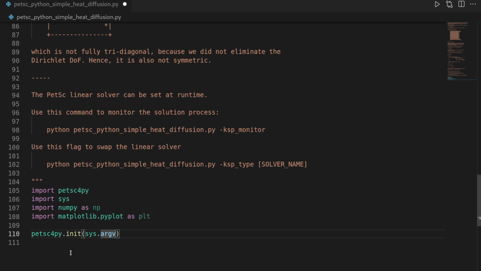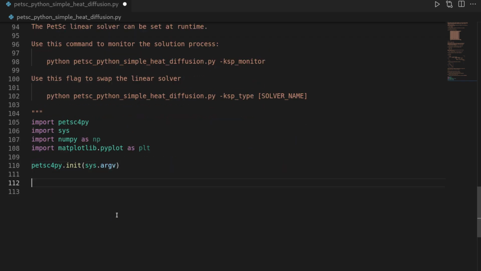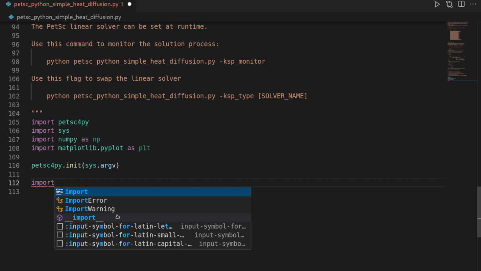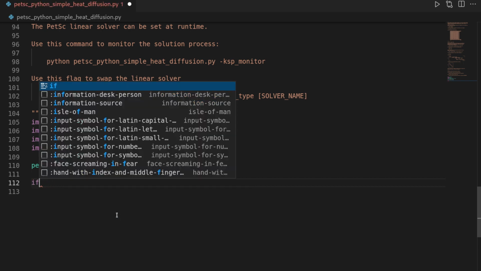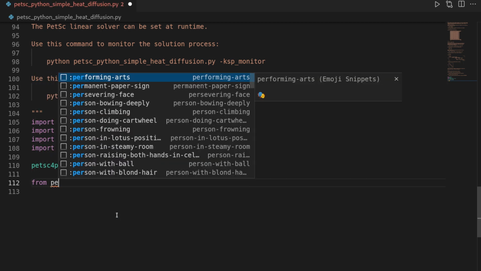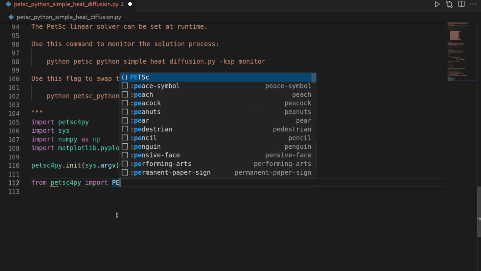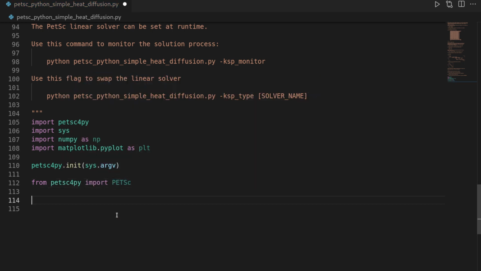Although we will not be using MPI here, we still make use of these arguments when we later execute our file. And then once petsc4py is initialized, we can import the actual PETSc package by saying from petsc4py import PETSc.